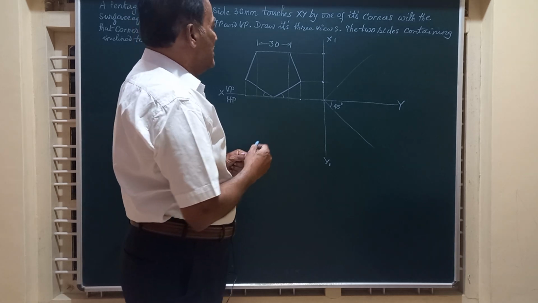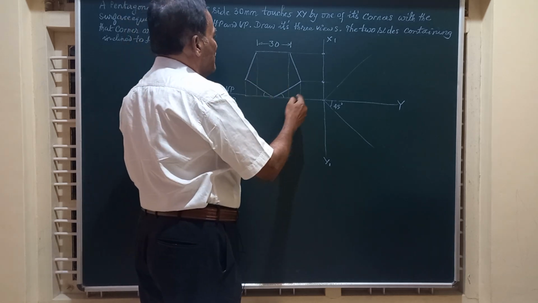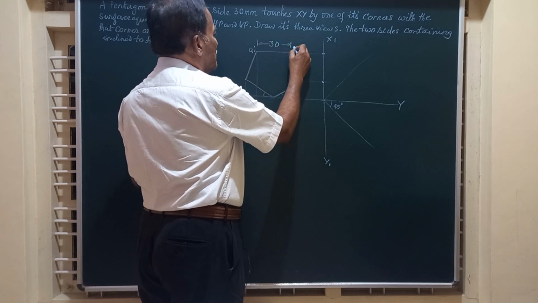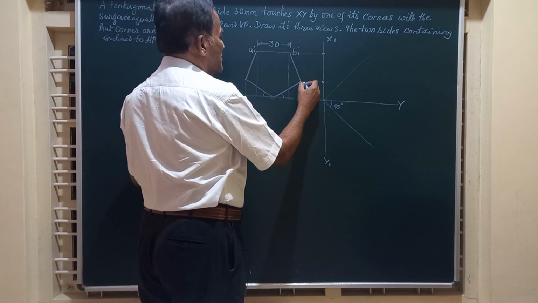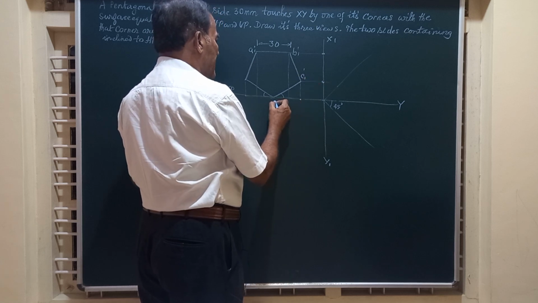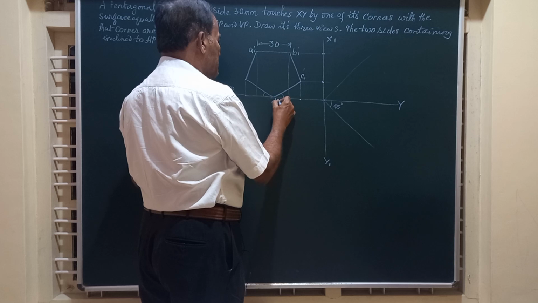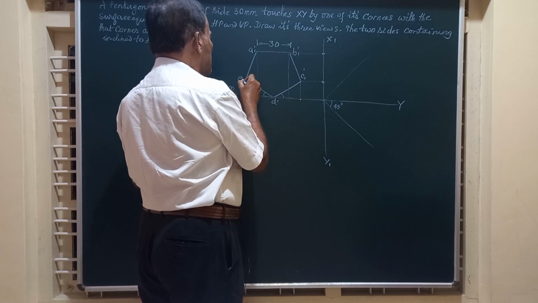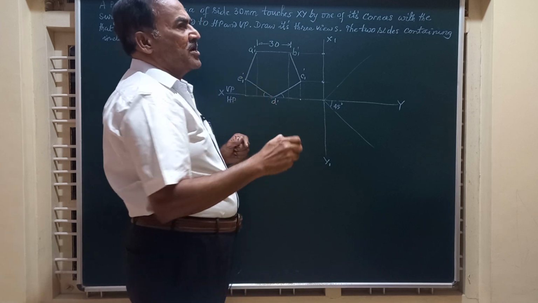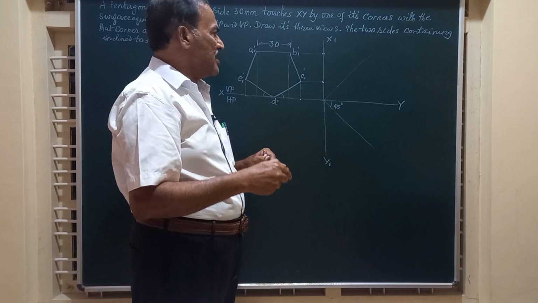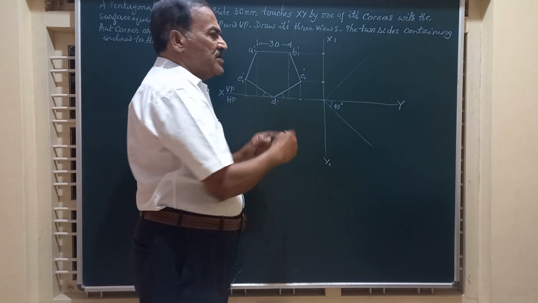Before that, let me write down the front view, and I will call this A1 dash, B1 dash, C1 dash. This is D dash. I will tell you why it is D dash. It is E1 dash. Because in the next position, we are going to change this to A dash, B dash, C dash, etc. And this position of D is fixed.